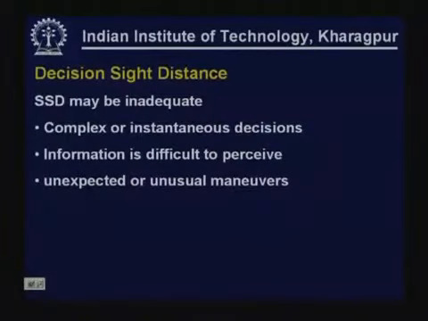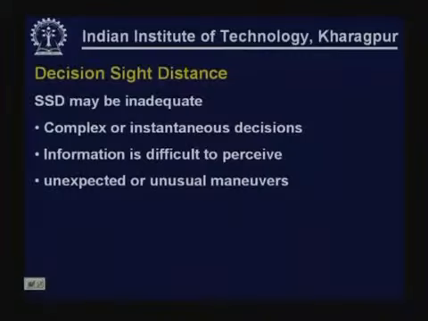Now, stopping sight distance what is provided is normally adequate for normal condition or general operation. It may be inadequate, number 1, under complex or instantaneous situations, or where drivers have to make complex or instantaneous decisions. Number 2, where information is difficult to perceive.